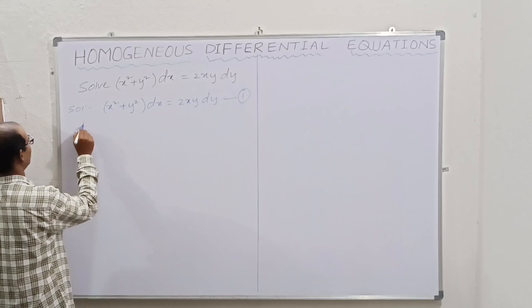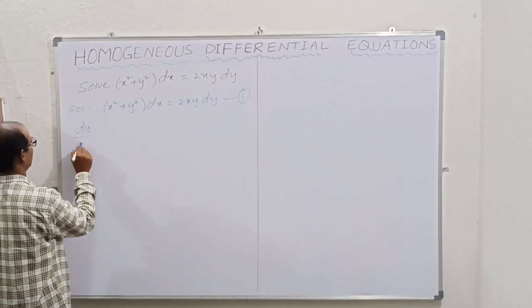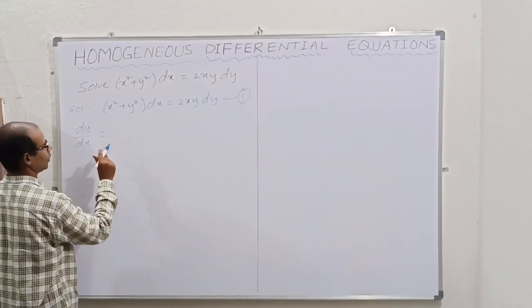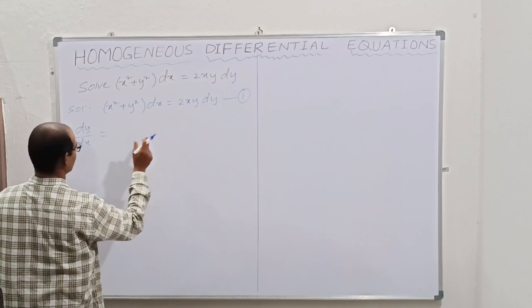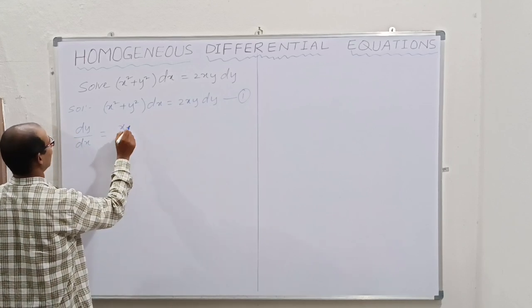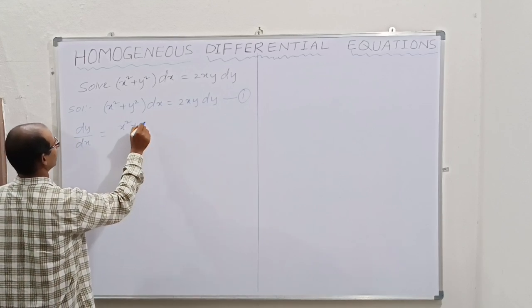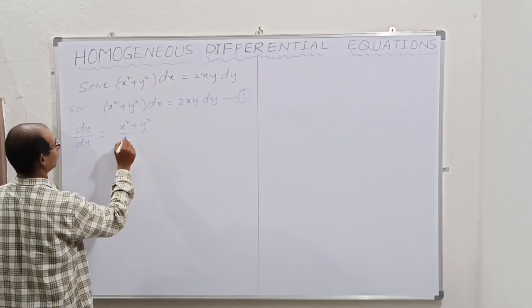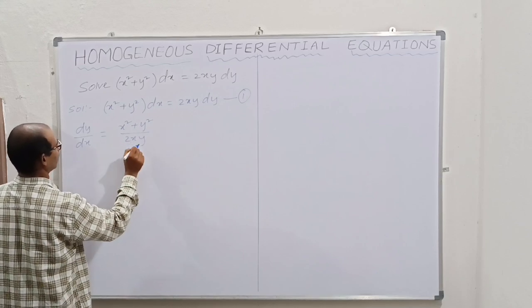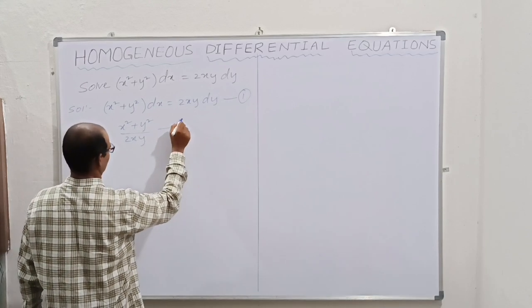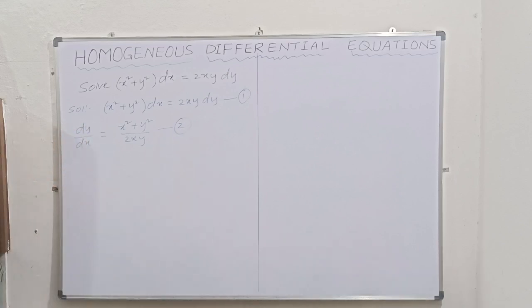So now what happens? dy upon dx is equals to x square plus y square upon 2xy. This is right.